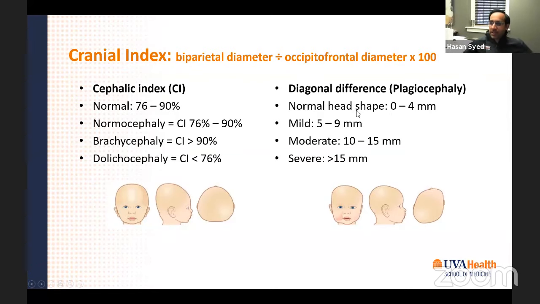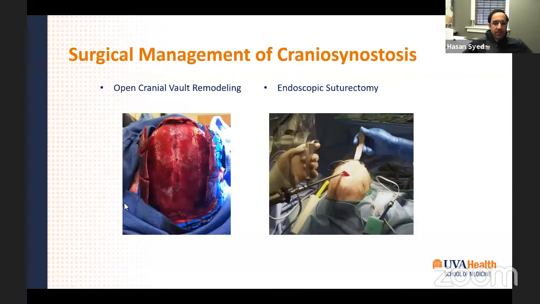Plagiocephaly, if you're following that, the diagonal difference can be critical in terms of classifying mild, moderate, and severe, and they have some treatment implications as well. Management of cranial synostosis is for another talk, really, but there's open cranial vault remodeling versus endoscopic suturectomy, which is what I prefer, followed by helmet therapy.